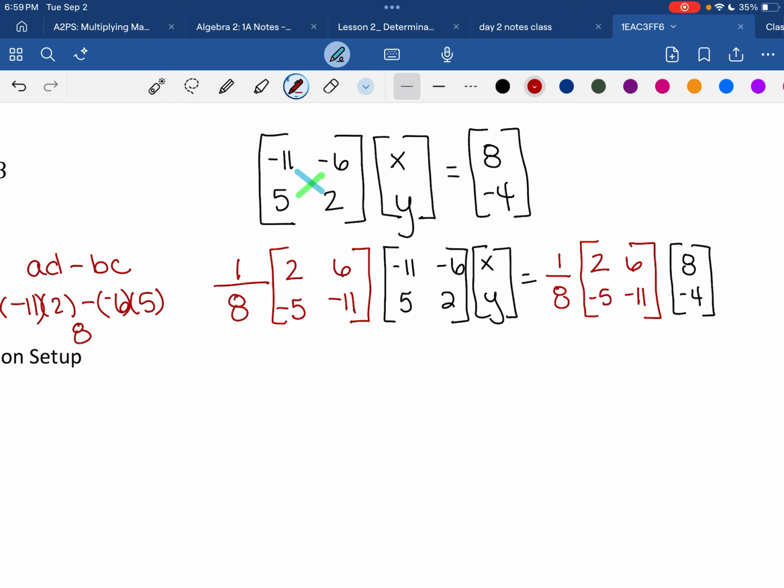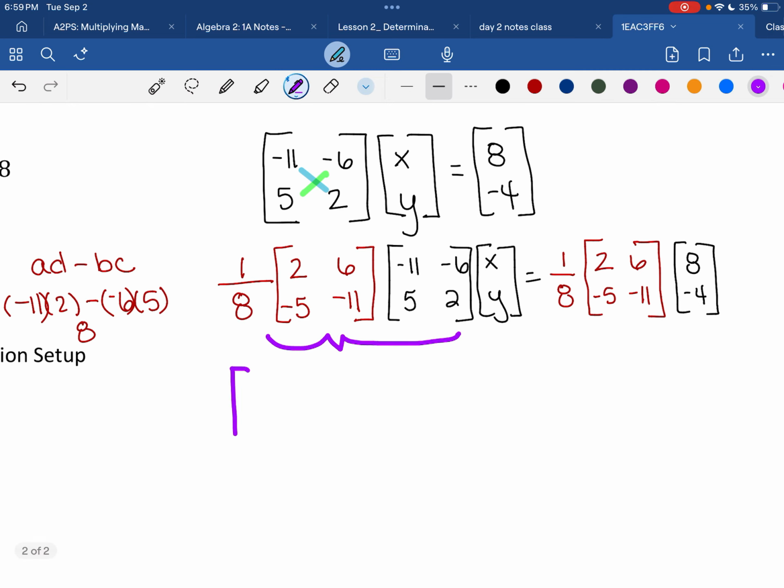And then I'm going to work on matrix multiplication. In order to do that, I'm going to multiply these two matrices first. And I will do that here. If you're still struggling with matrix multiplication, remember that it's a 2 by 2 times a 2 by 2, so I'm going to have a 2 by 2 as a solution.